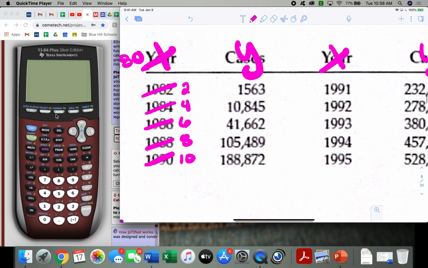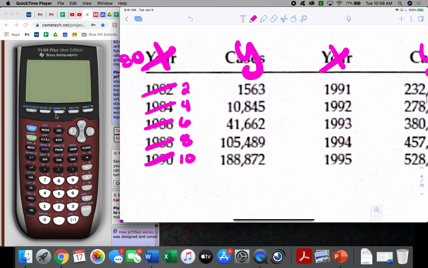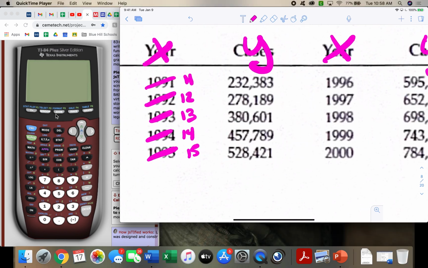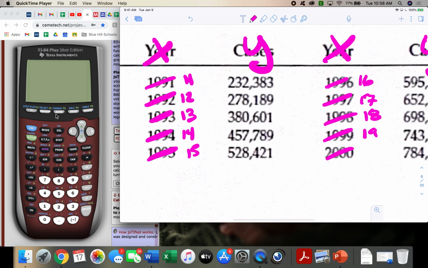What about the start of the second column? He will be 11. 1992 is 12. 93 is 13. 14, 15. Sorry, it's taking forever. The last years are 16, 17, 18, 19, and 20, right?